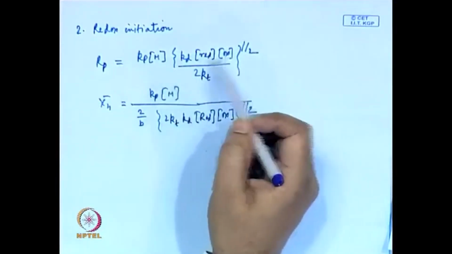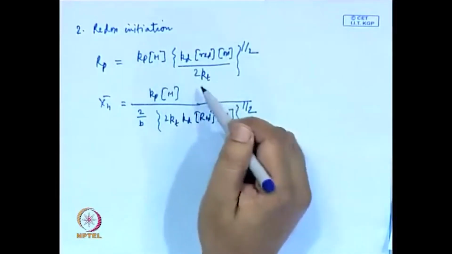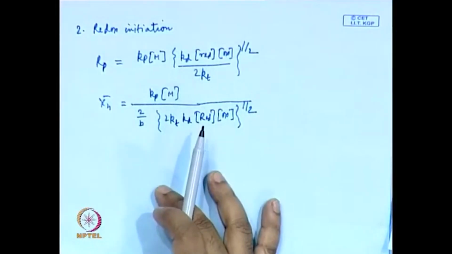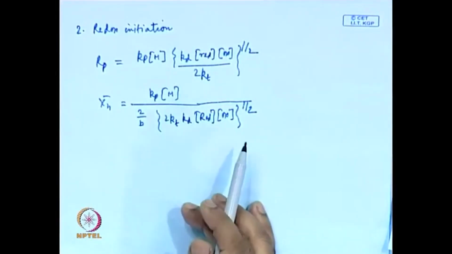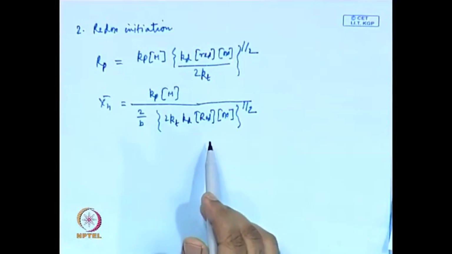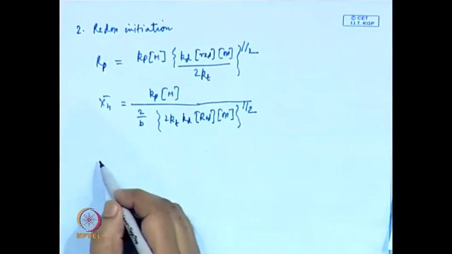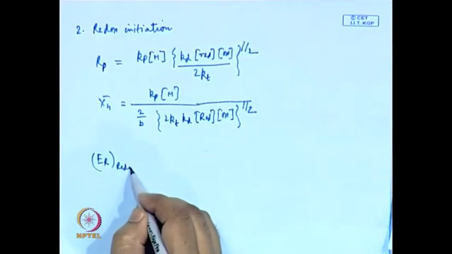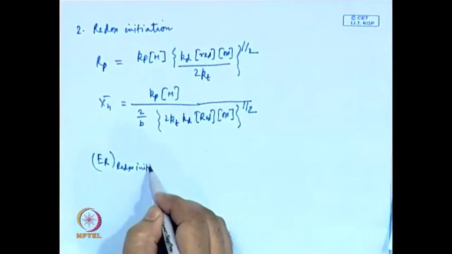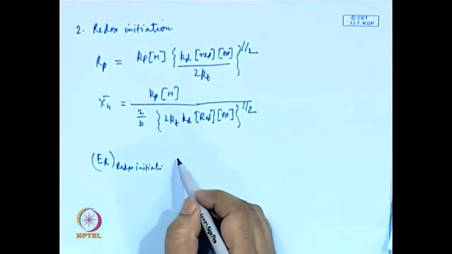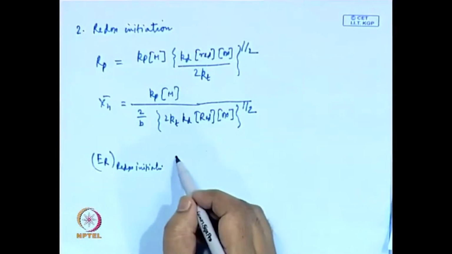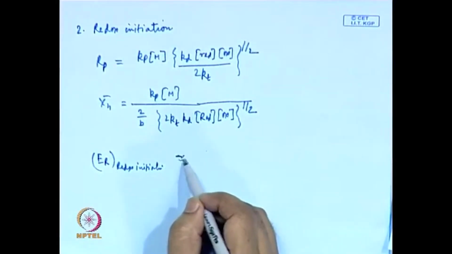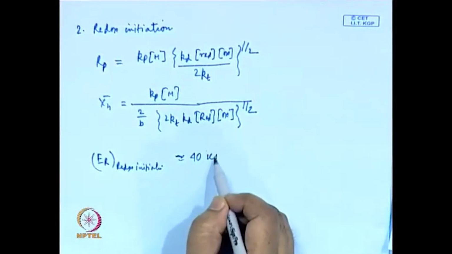Temperature dependent terms are the rate constants Kp, Kd and Kt, and you can do the same exercise we did for the thermal initiation, and see what is the value of ER in this case. ER in this case, for redox initiation, again would be coming around 40 kilojoule per mole.